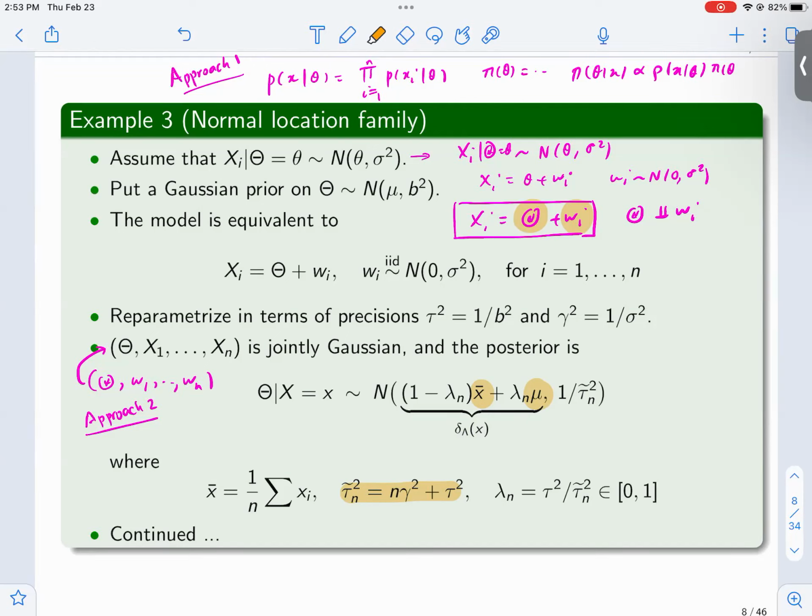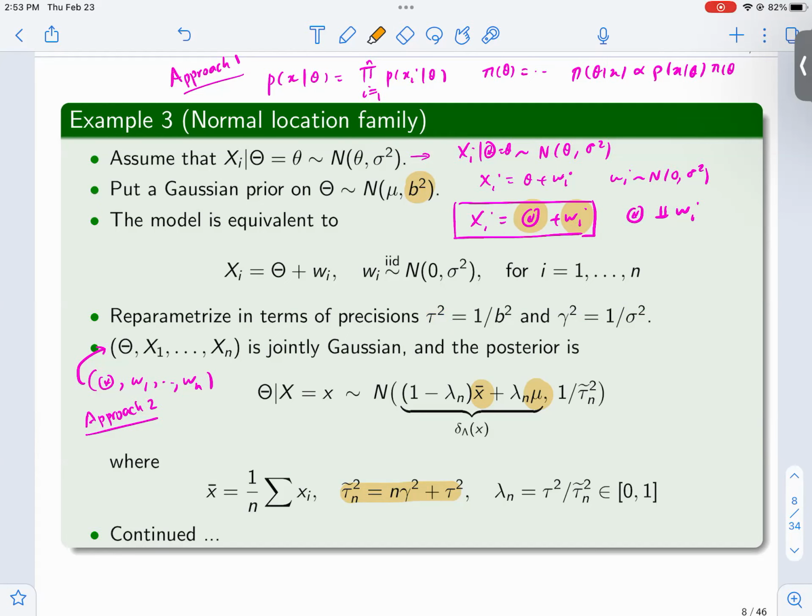So you get n times gamma here, where gamma is the inverse of the variance of the model. That's the precision that the likelihood brings. And 1 over b squared, which I'm going to call tau or tau squared here, is the precision of the prior.